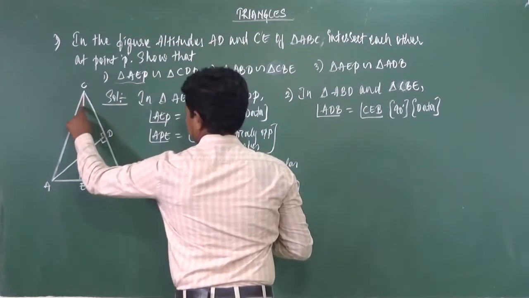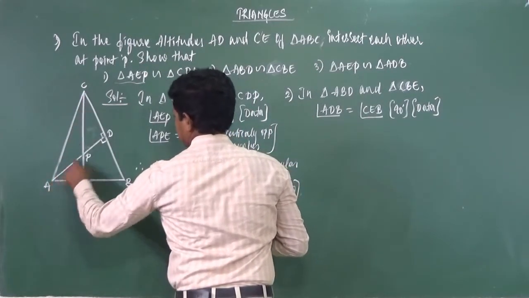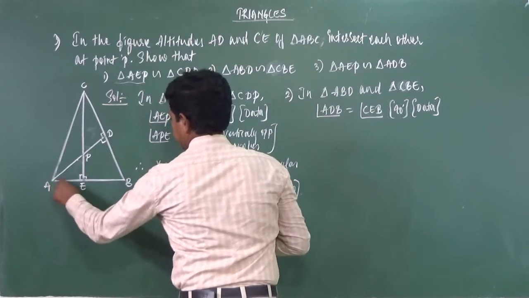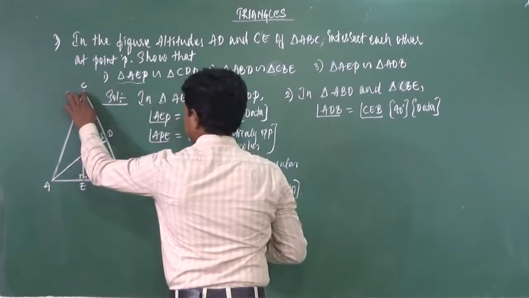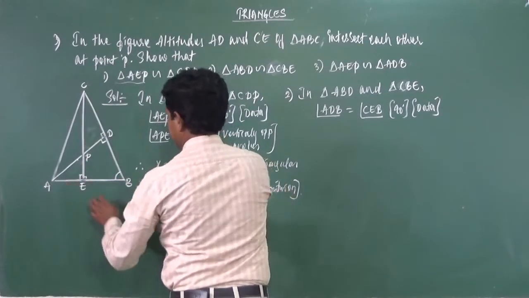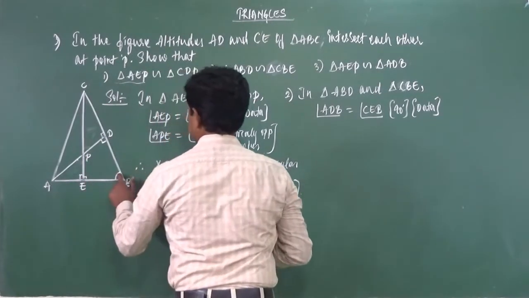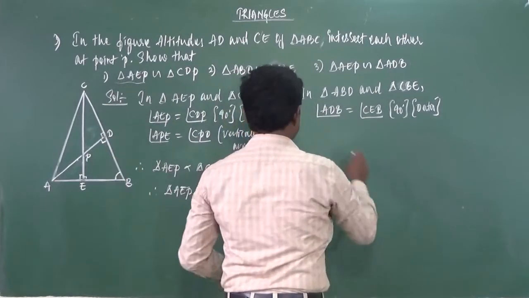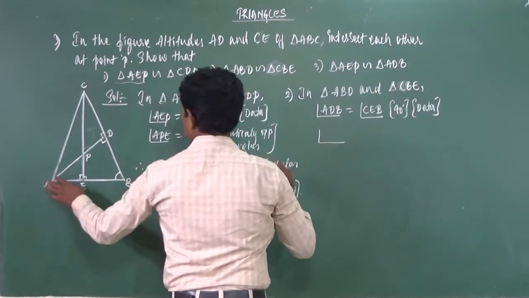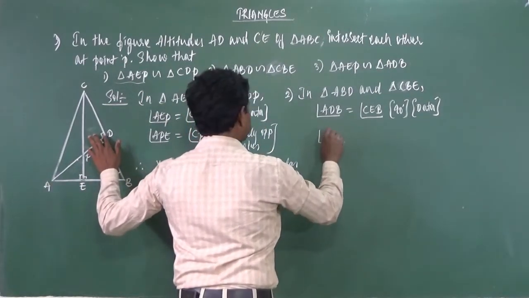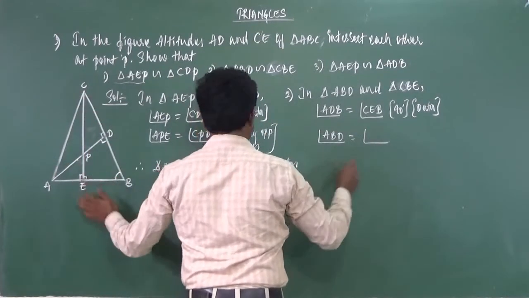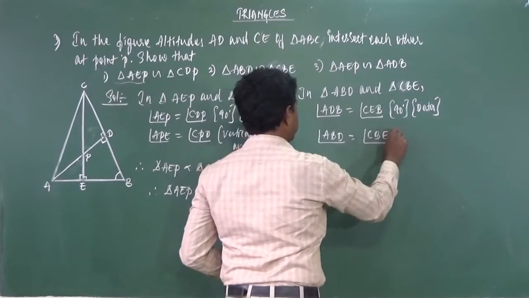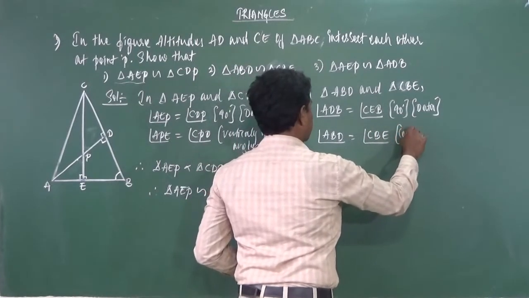Here in triangle ADB, angle ABD is equal to angle CBE, that is this angle is common for both the triangles. So therefore angle ABD is equal to angle CBE. So that is the common angle.